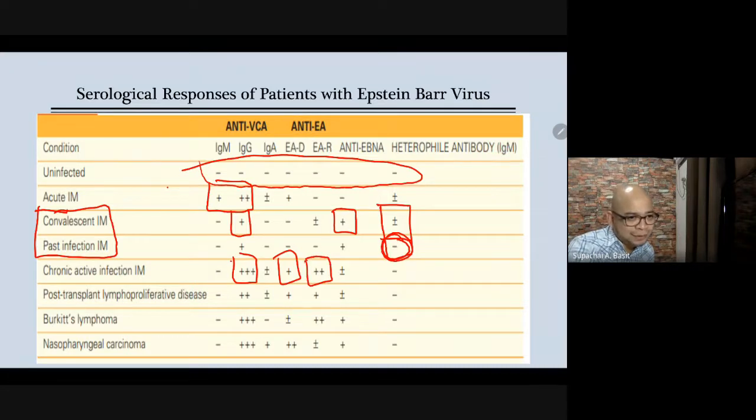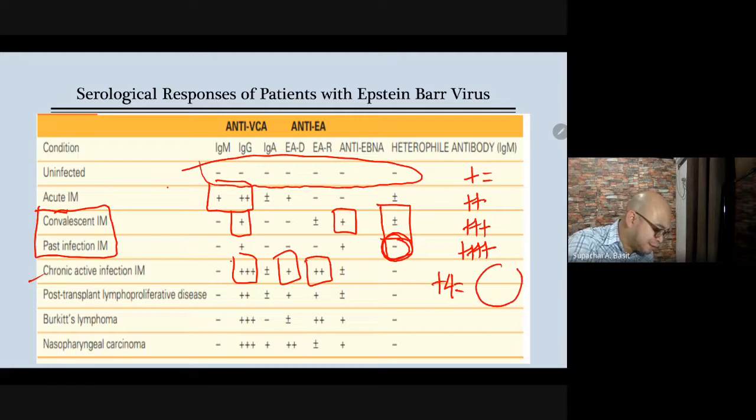For patients who have received a transplant, post-transplant lymphoproliferative disease would have almost the same clinical picture as chronic active, except that the grading of the positive result is different. What do +1, +2, +3, and +4 mean? We are referring to the grading of agglutination. When we say +4, if this is the field, 100% of the field is agglutinated.